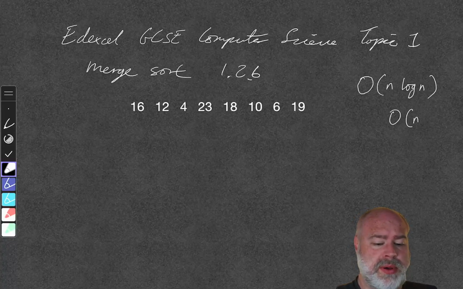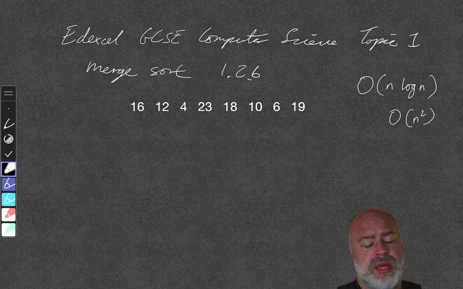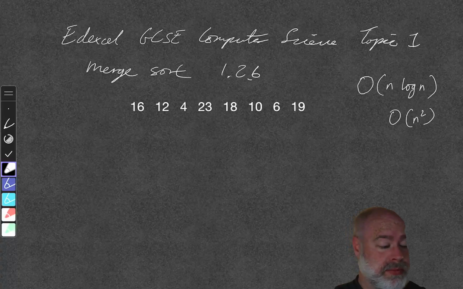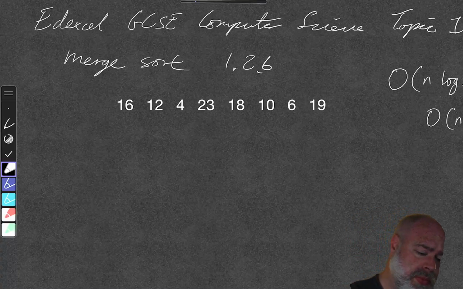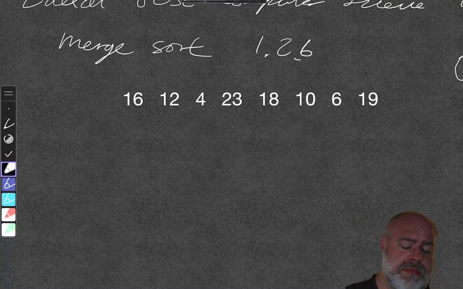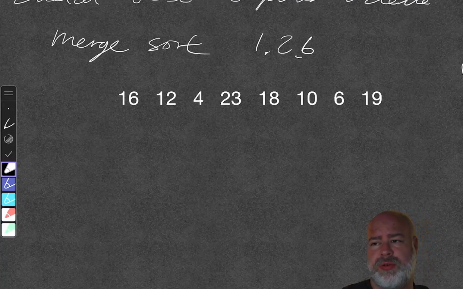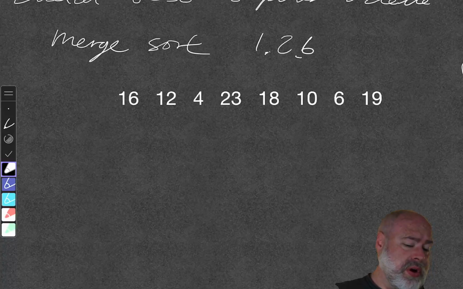Conversely, bubble sort was quadratic, so we had a for loop within a for loop. So merge sort is going to be your sorting algorithm of choice if you're choosing between the two for large data sets. But let's see how it works, shall we?